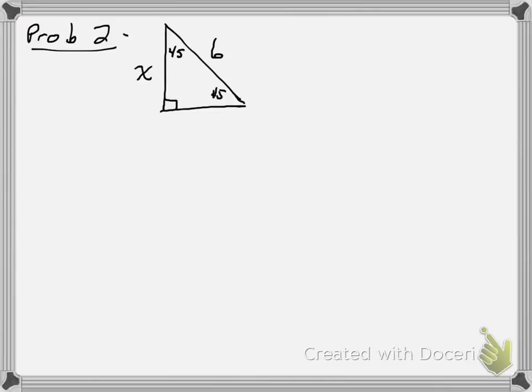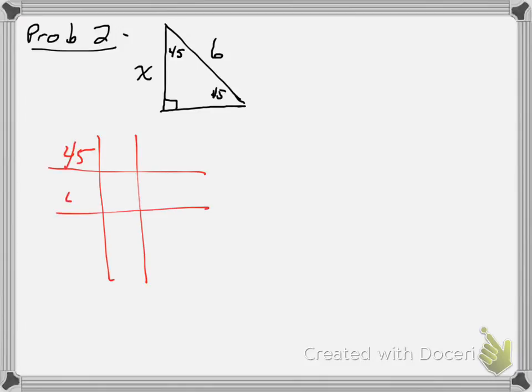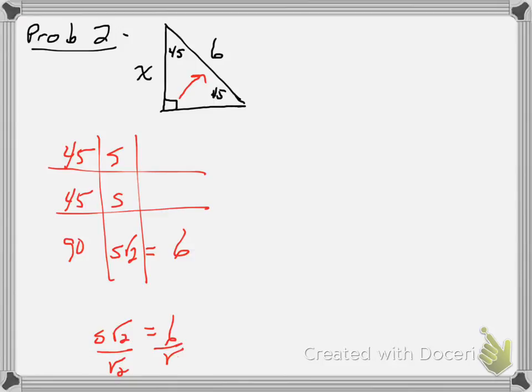Problem 2 is still a 45, 45 degree triangle. So let's draw our chart. 45, 45, 90, side, side, side radical 2. Automatically fill it in. The 6 again is across from the 90 degrees, so it's going to go here. So in other words, side times radical 2 equals 6. How do I solve for side? I want to divide by radical 2 on both sides.